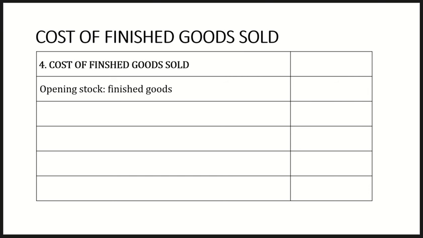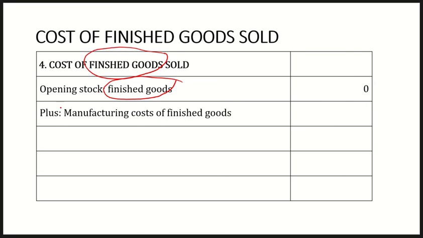Everything that comes here is all about what? Finished goods. So it's opening stock of finished goods, and then you're gonna have cost of production. But remember where this one comes from, right? From the production cost statement.